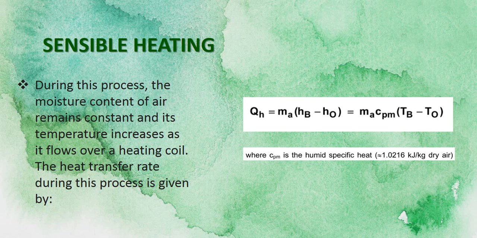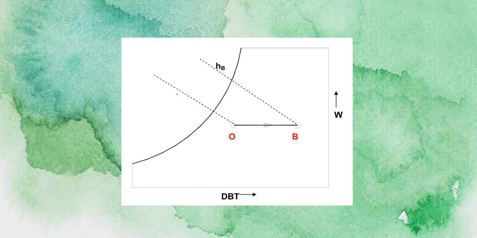So it accounts for the amount of heat that 1 kilogram of dry air is going to receive or absorb per 1 degree Celsius increase in its temperature. So that's your humid specific heat. Heating, then, is a process that starts from a lower temperature to a higher temperature at constant humidity, and these are your enthalpy values. This is HO and this is HB.